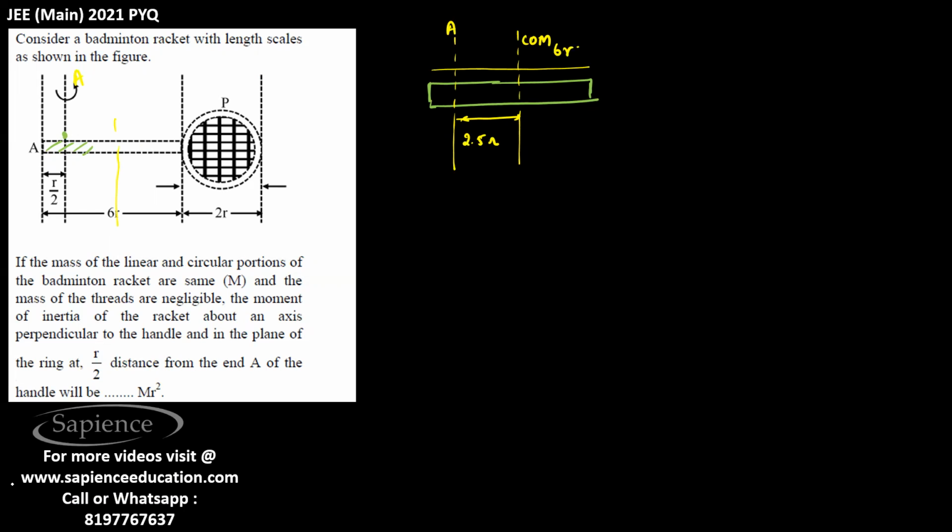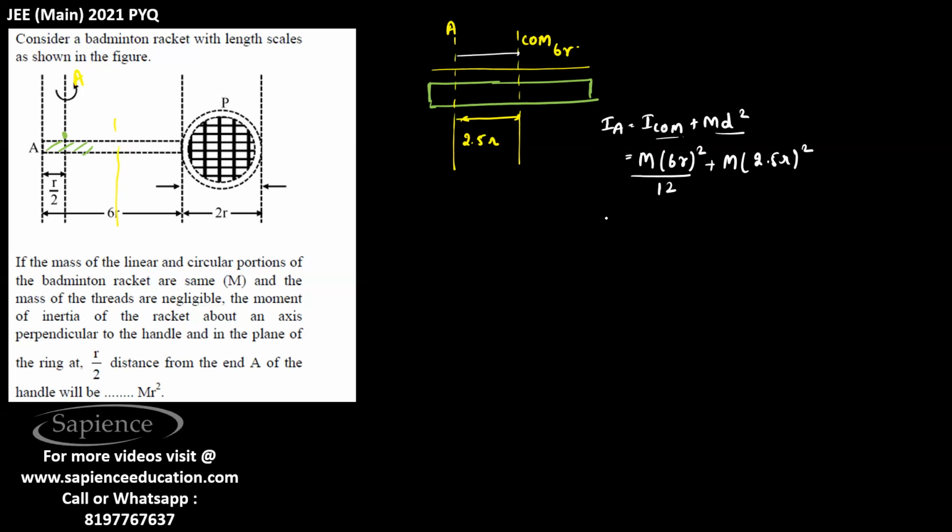According to the parallel axis theorem, the moment of inertia about axis A is equal to the moment of inertia about the center of mass plus m d square, but make sure one should be at the center. The distance between these two axes is 2.5r. The moment of inertia of a rod about the center of mass axis is given as ml square by 12. The mass is m and the length of this rod is 6r, so m (6r) square by 12 plus m into (2.5r) the whole square.